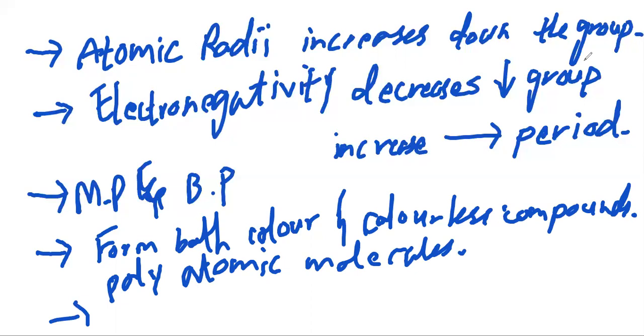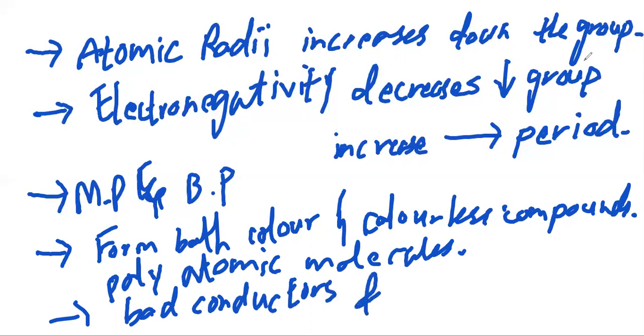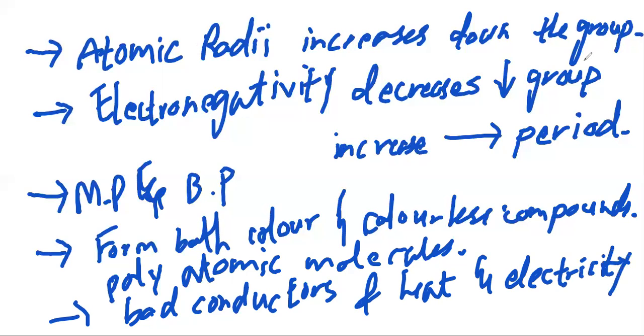And the last is that they are generally bad conductors of heat and electricity because they include gases, except metals. All the metals are good conductors of heat and electricity.